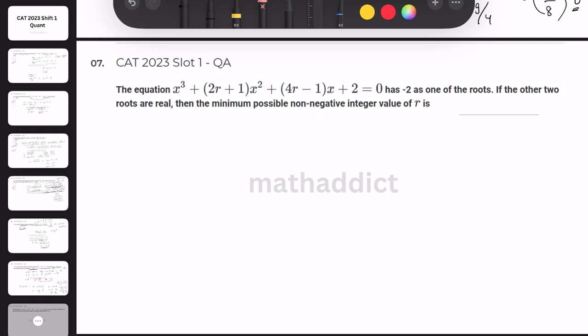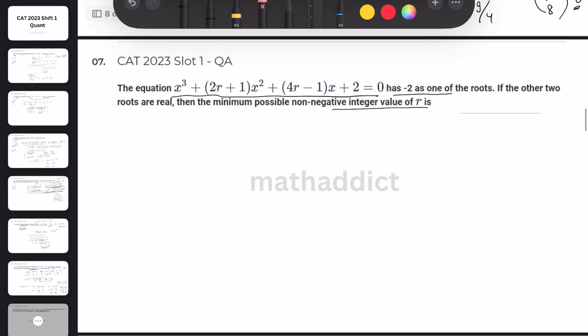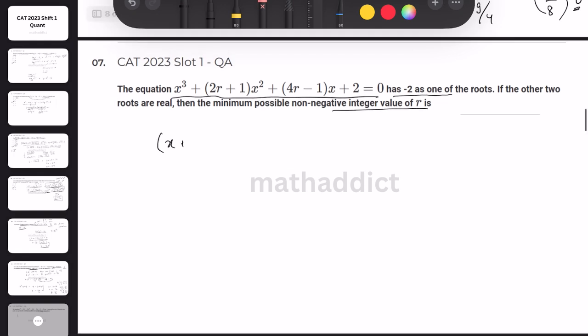We are given that minus 2 is one of the roots of this equation. If the other two roots are real, then the minimum possible non-negative integer value of r is... So we'll factorize this. We know one of the factors is x plus 2.